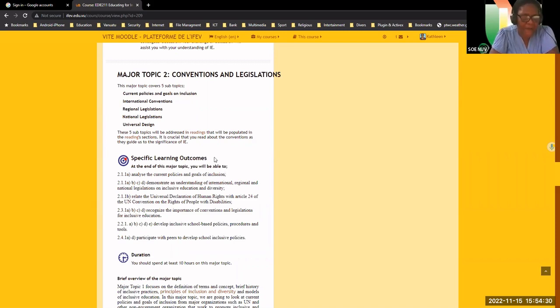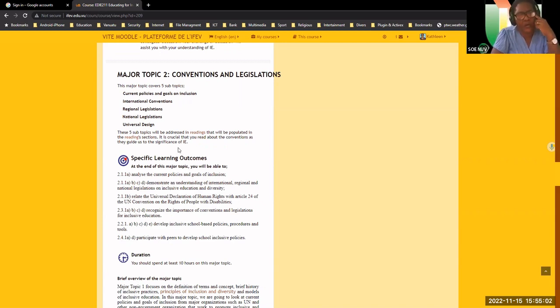We know there are conventions and legislations that tie us to, firstly, international conventions like the right to education, the Convention on the Rights of People with Disability, and CEDAW, for women.